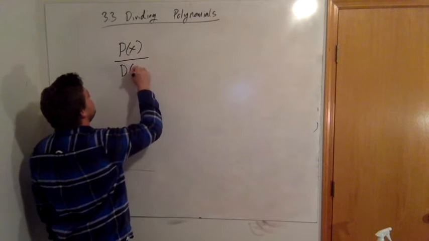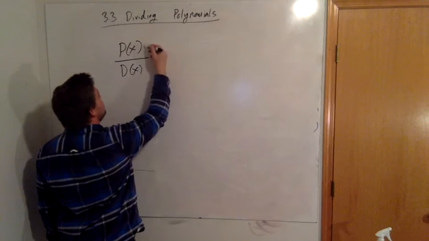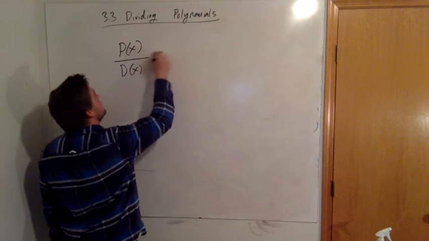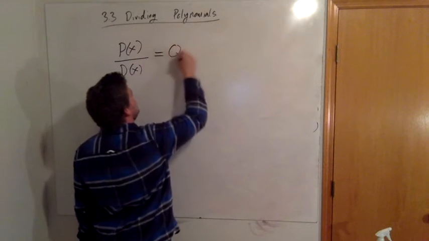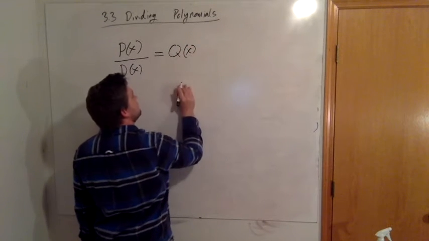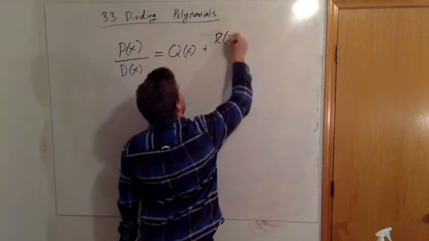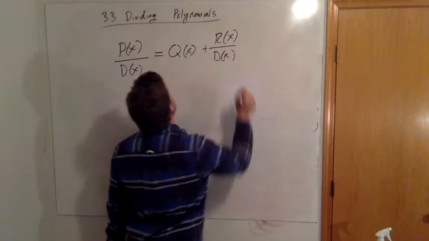For now, we'll call it d of x. So p of x would be our dividend, and d of x would be our divisor. And when we do the division algorithm, we're going to get out the quotient. We'll call that q of x. Plus, we'll have the remainder over the divisor.